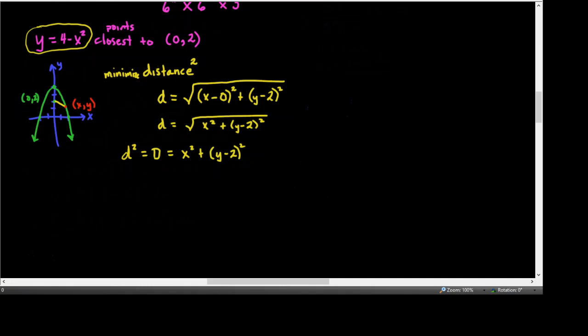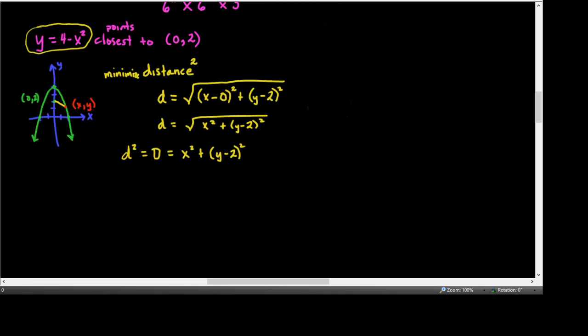So we can either substitute for y, and that'll be in terms of x, or we can substitute for x squared, and that will then be in terms of y. It doesn't really matter to me which way we do it. You may feel like one way is easier than the other. I'm going to outline both of them so that you have a clue as to what the possibilities are.